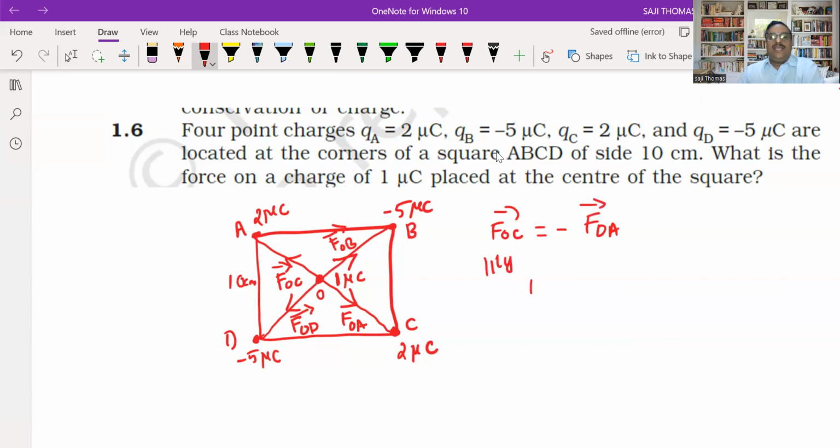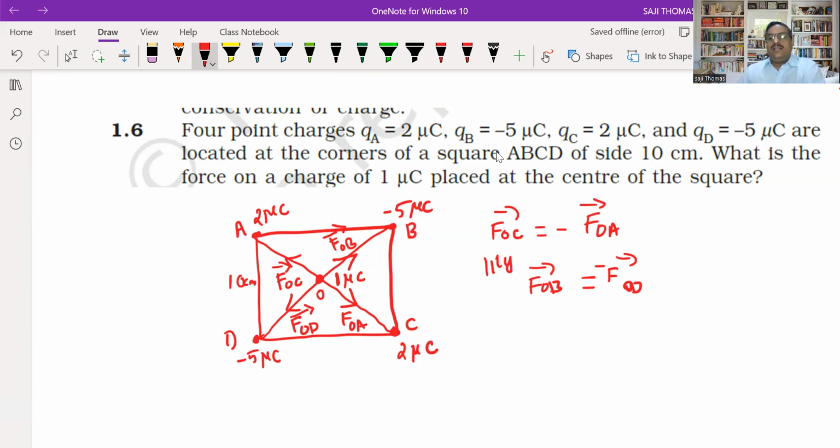Similarly, you can see FOB is minus of FOD, right? So FOB and FOD are equal and opposite. They cancel. Similarly, FOA and FOC are equal and opposite.